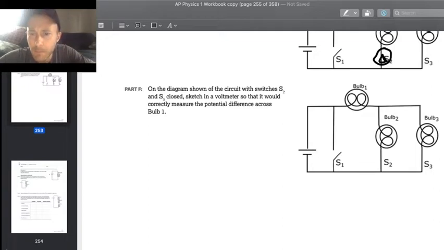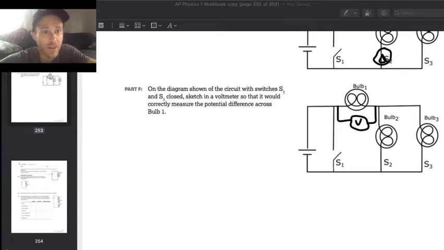So, boom, boom, voltmeter. Kind of like that. Okay.